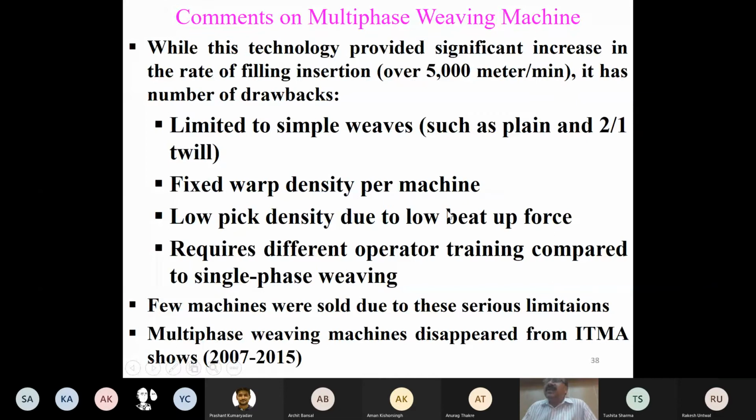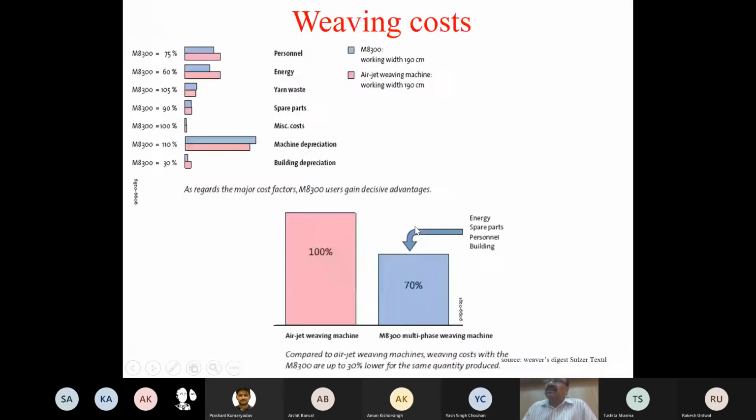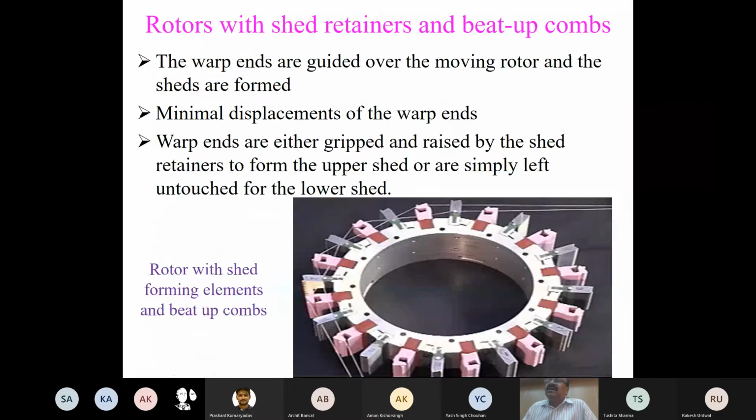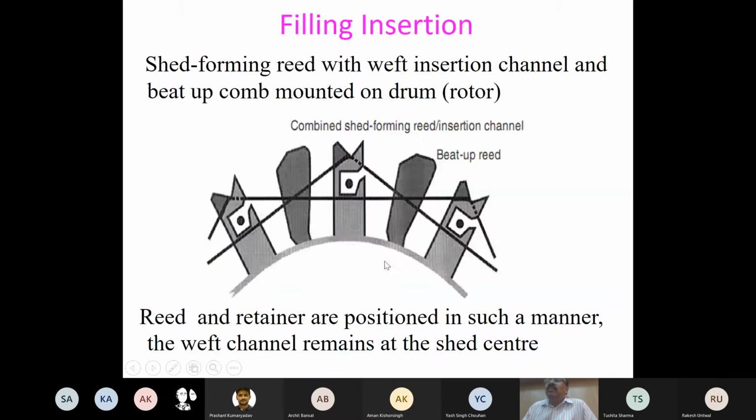Fixed warp density per machine. I think if you recall from the second diagram, you can understand. Look at here. Each rotor plate carries only 2 warp, and in our loom, several rotor plates are placed together.